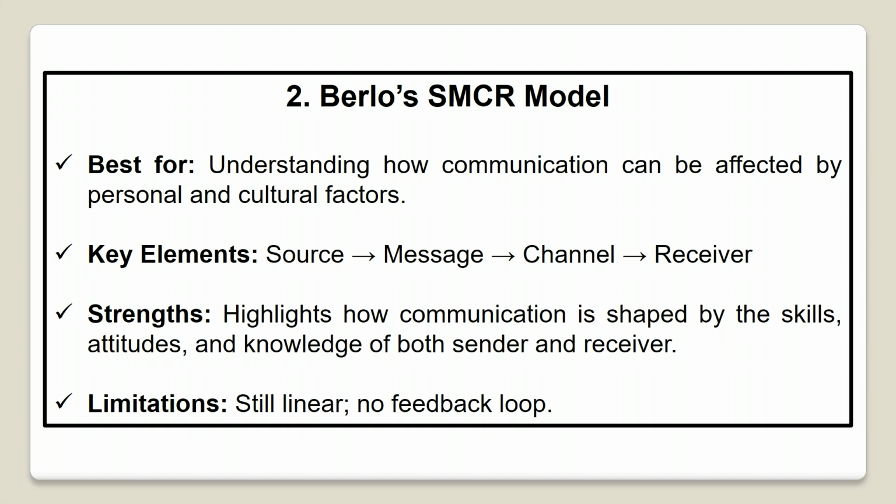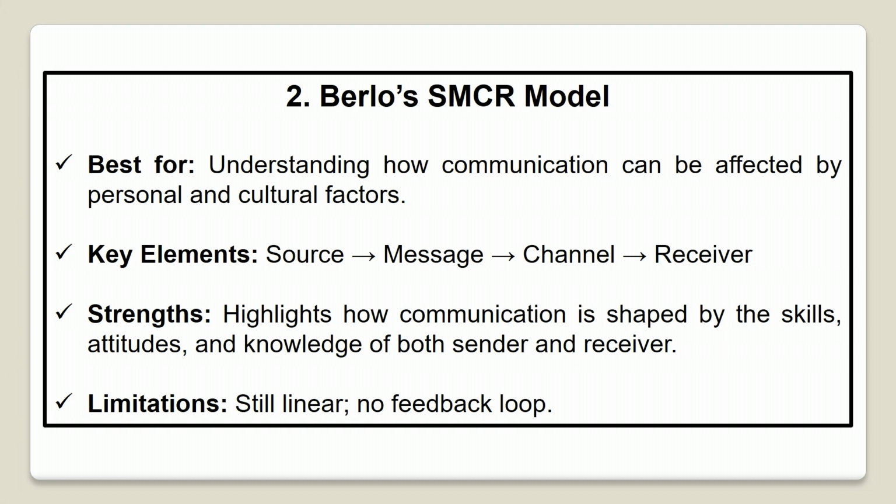This model is very pertinent, very suitable and very useful for understanding how communication can be affected by personal and cultural factors. This is the beauty of Berlo's SMCR model.